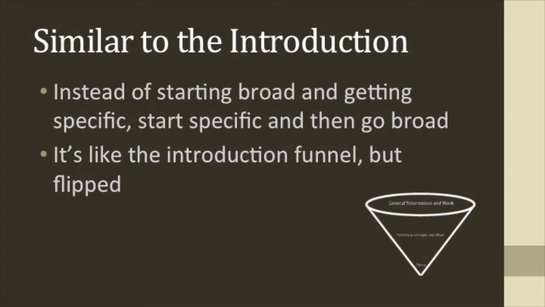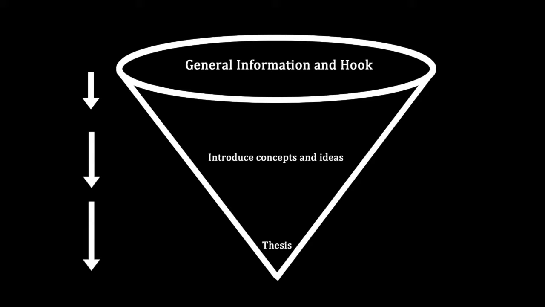You can think of your conclusion in the same way as your introduction, just done in the opposite format this time. You start and begin your introduction very broad, and then get into the specifics. So here, you're doing the exact opposite.